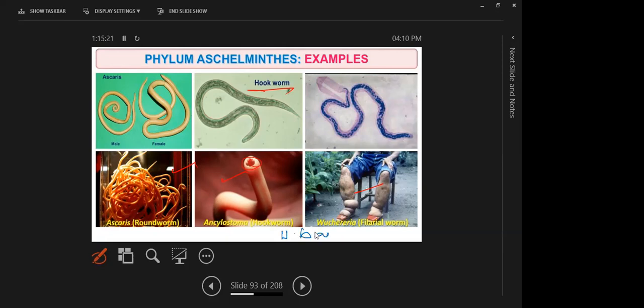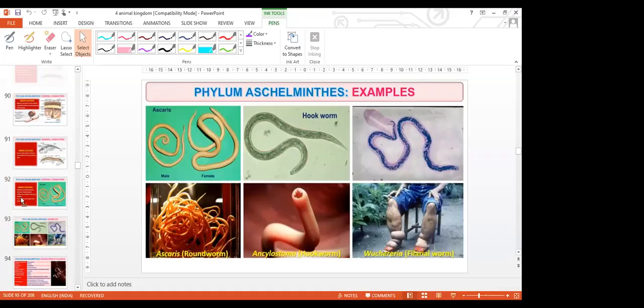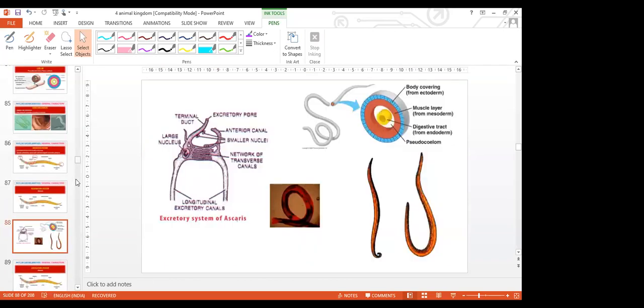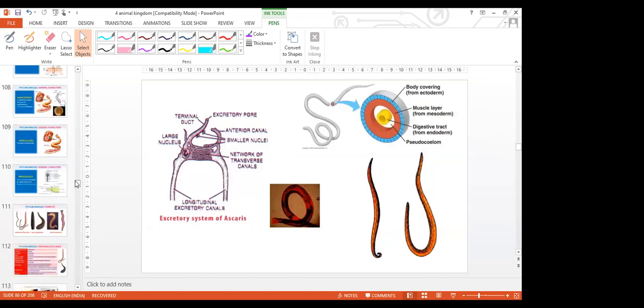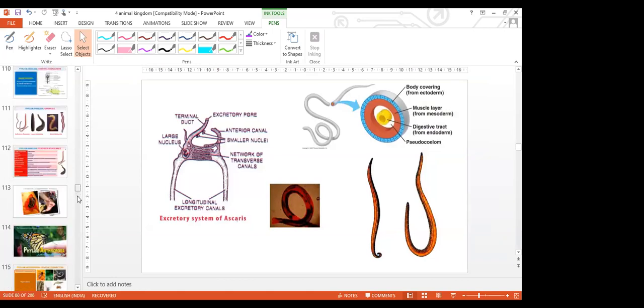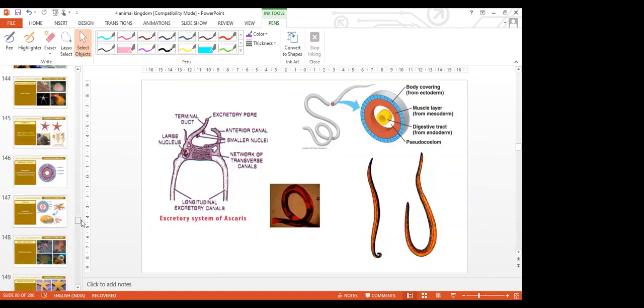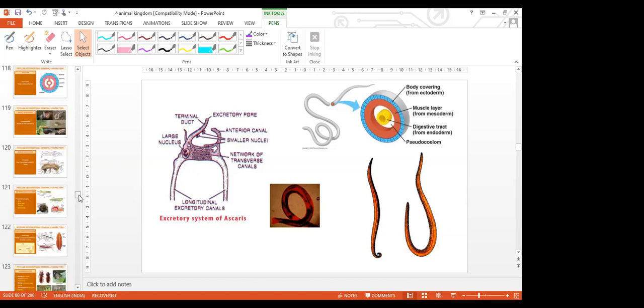Mom, does the worm go near the leg region or like? Oh, why is this coming like this? Oh, something is happening. Wait. Here is our Wuchereria. Which slide is that?